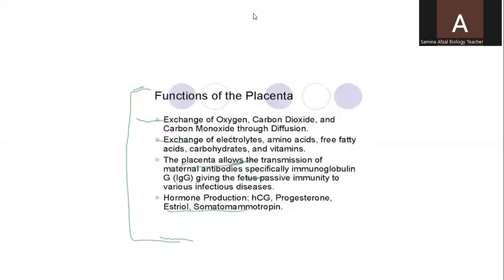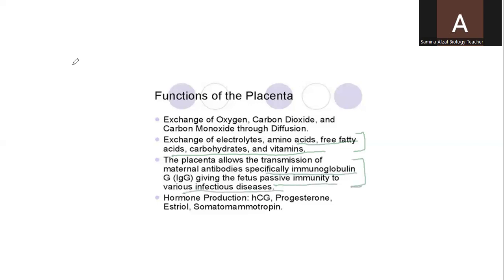Now the different functions of the placenta are, first of all, the exchange of gases: oxygen from the mother to the fetus, and carbon dioxide and carbon monoxide, which are waste gases, diffuse from the fetus to the mother. Electrolytes, amino acids, free fatty acids, carbohydrates, and vitamins are also exchanged between them. The placenta allows the transmission of maternal antibodies, specifically immunoglobulins, giving the fetus passive immunity to various infectious diseases.